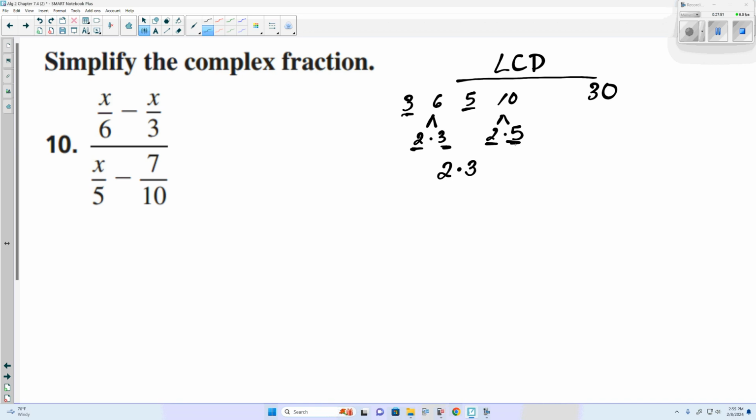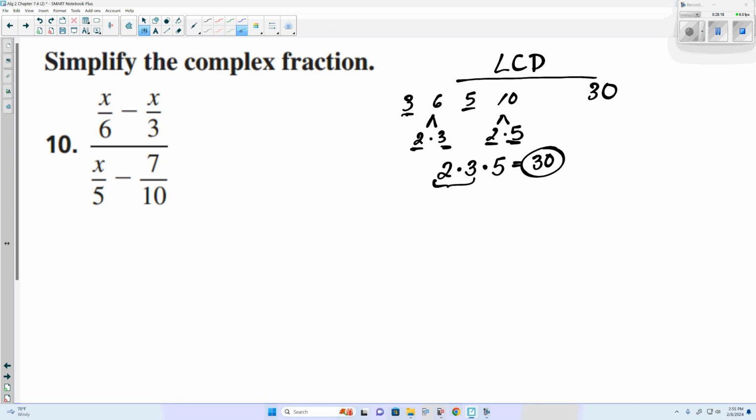And lastly, 5 appears in 2 spots, but in each spot it only appears once. So for our prime factorization, leading towards the least common denominator, 2 times 3 times 5. Well, 2 times 3 times 5 is 30. So our least common denominator, least common multiple of 6, 3, 5, and 10 is 30.